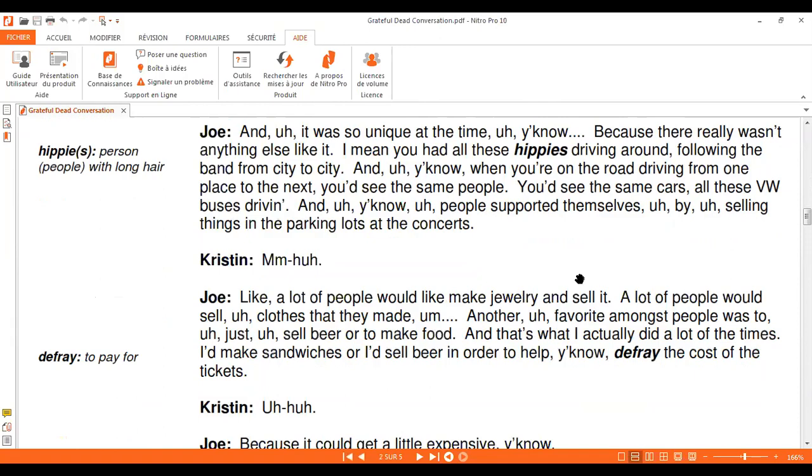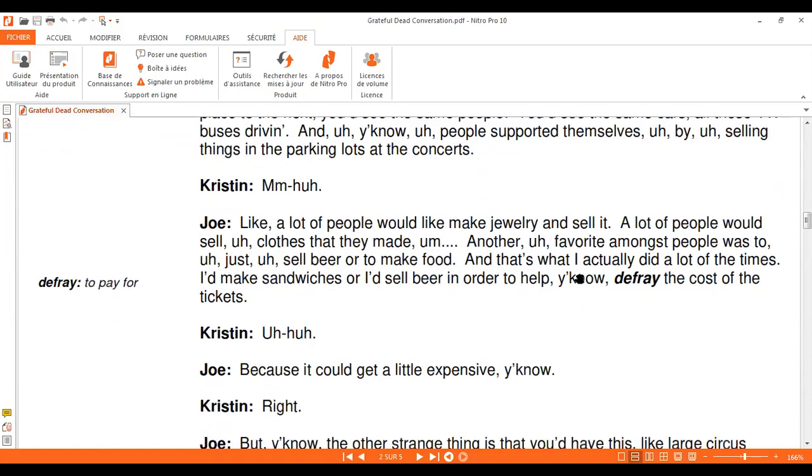You had all these hippies driving around, following the band from city to city, and when we were driving from one place to the next, you'd see the same people, the same cars, all these VW buses, and people supported themselves by selling food in the parking lots at the concerts.